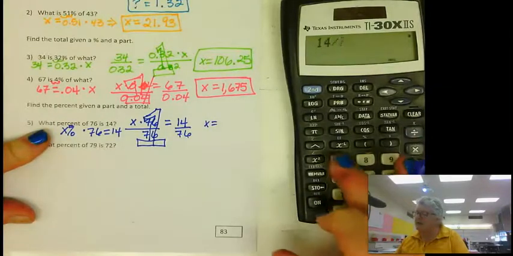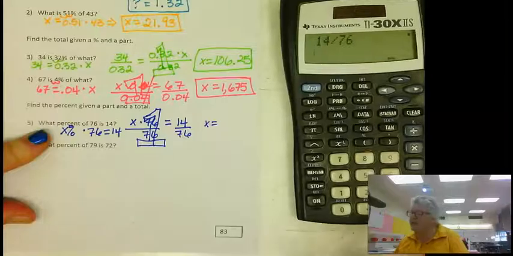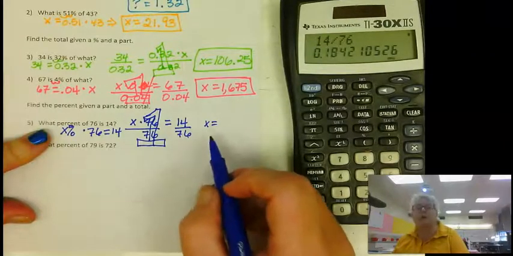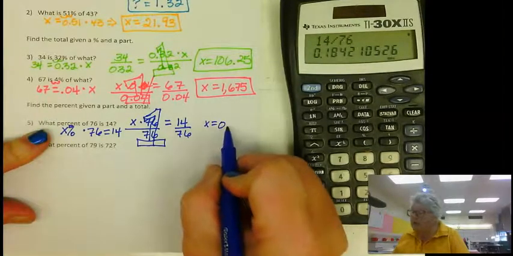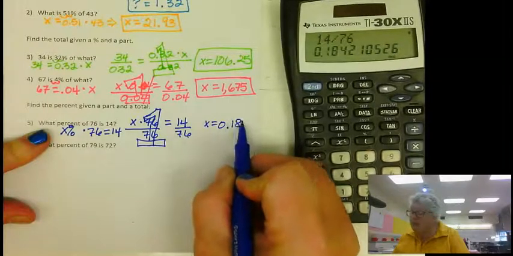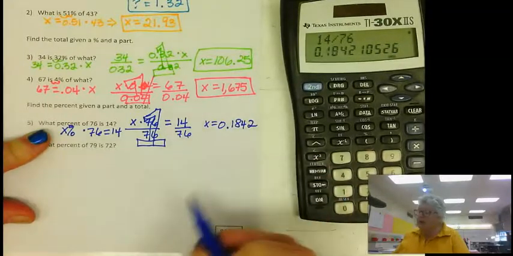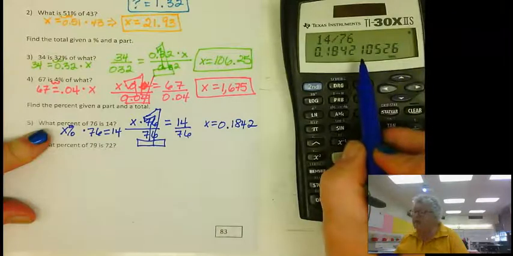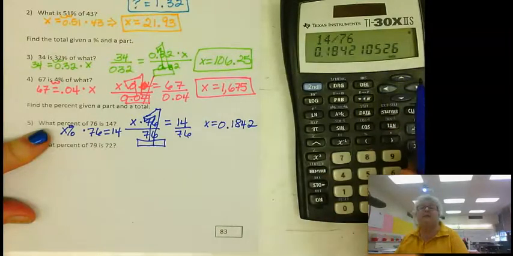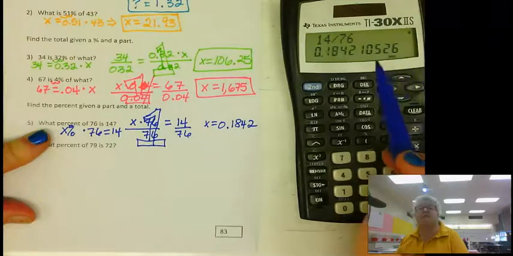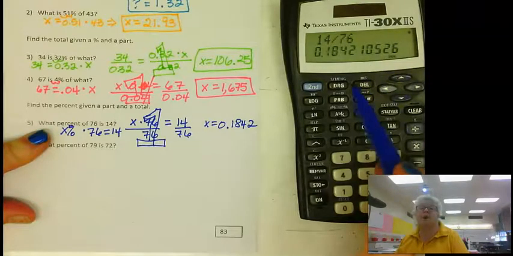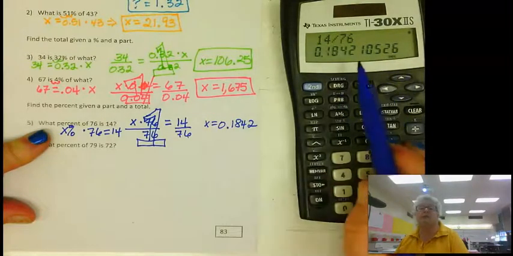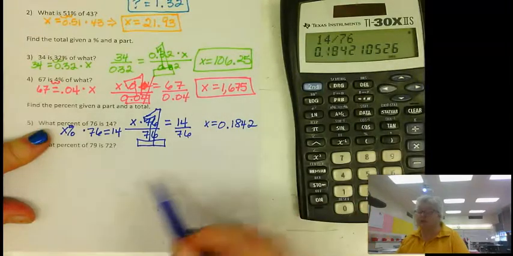And then 14 divided by 76, and that gives us a big long decimal. 0.1842. Okay, the next number is a 1, and since it's less than 5, 4, 3, 2, 1, 0, we just leave it alone. So I'm going to drop all that and just keep the 4 digits.